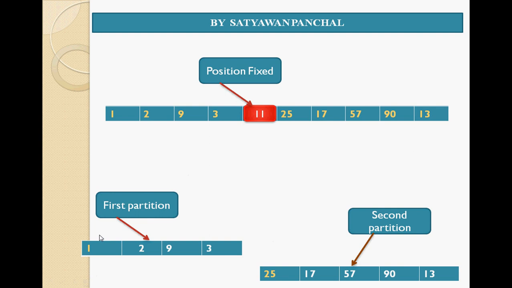We will be making a function, and for this function, in the next video I'm going to discuss the programming part. In that function I'll be passing the first partition as an individual array and the next partition as an individual array. So we'll keep on doing this until we are left with one element.